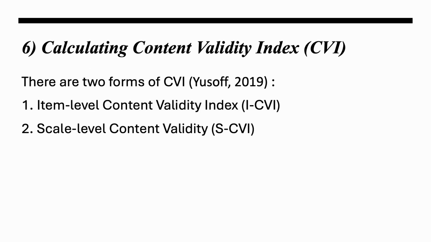Calculating Content Validity Index, CVI. Content Validity Index, or CVI, comprises 2 distinct metrics. 1. Item level CVI, I-CVI, evaluating individual items, and 2. The scale level CVI, S-CVI, assessing the entire instrument's validity.